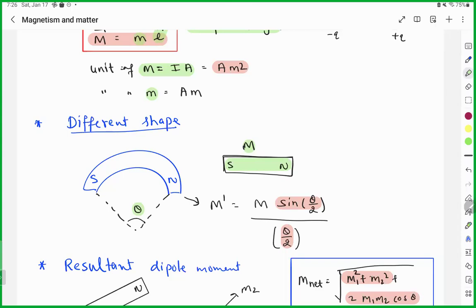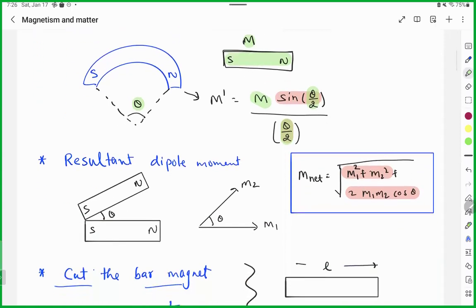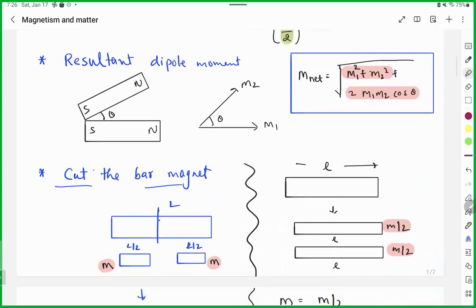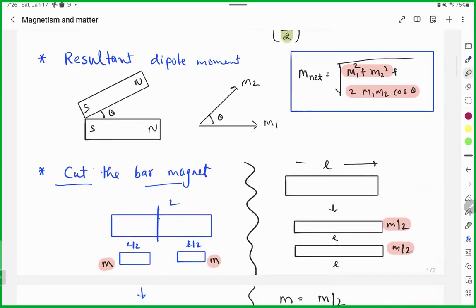Then M remains the same as for the straight rod, and theta will play an important role. This kind of question is asked less, but it is just a modified form where the angle plays a role. If you change the angle, the overall value will change. This question was asked recently in the NEET exam, I think in 2024. Resultant dipole moment.